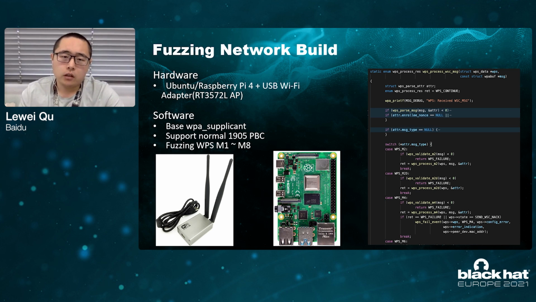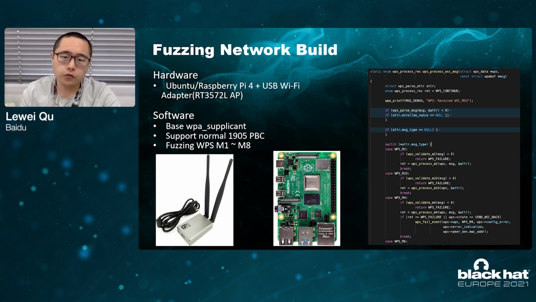Now, let us see how we fuzz the network build. About the fuzzing hardware, we choose an Ubuntu PC or Raspberry Pi 4. We also bought a USB Wi-Fi adapter to help send the 802.11 packets.